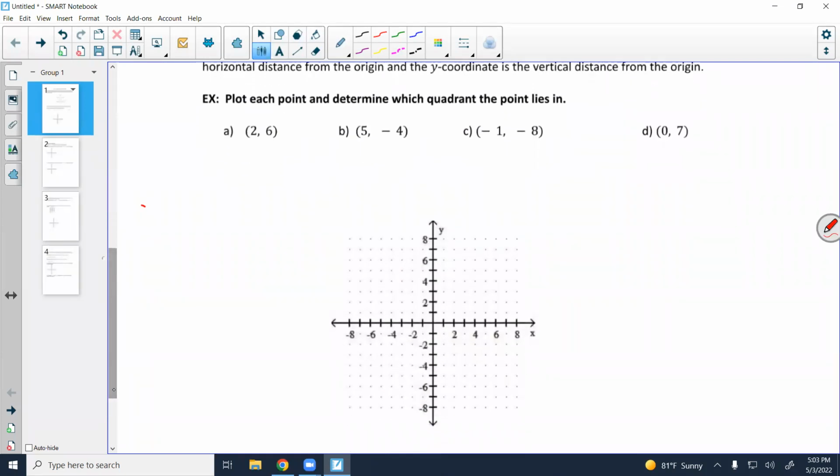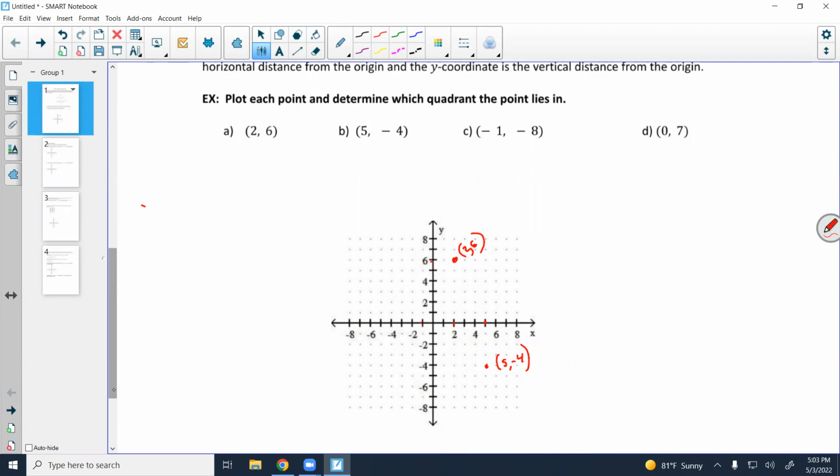Start with (2, 6). That means 2 on the x, 6 on the y, and where they meet, that is our point, (2, 6). And we have (5, -4). So we go 5 positive on the horizontal axis and 4 negative on the vertical axis. Right there, (5, -4).